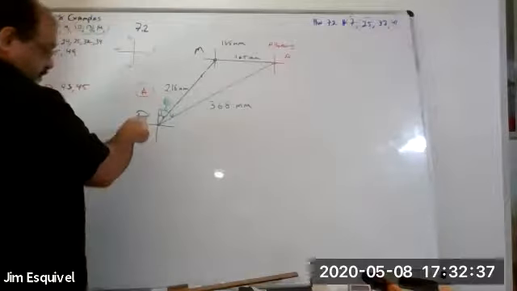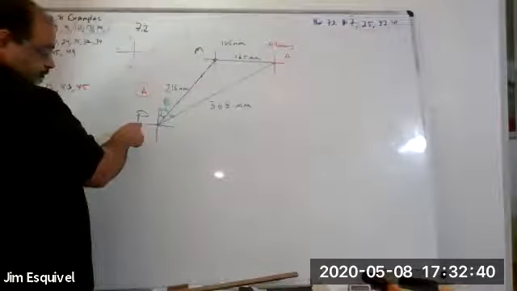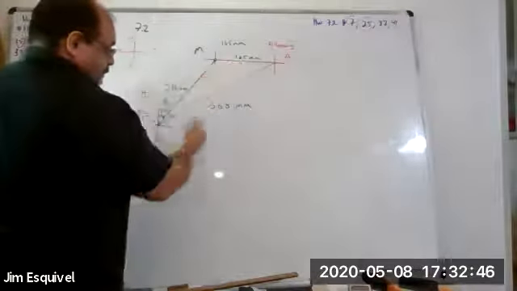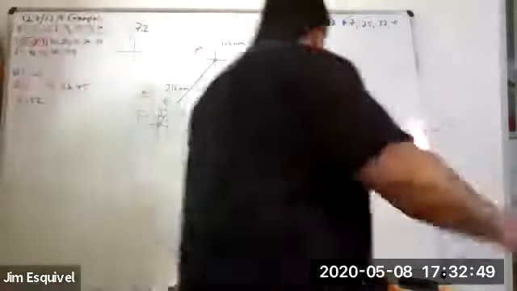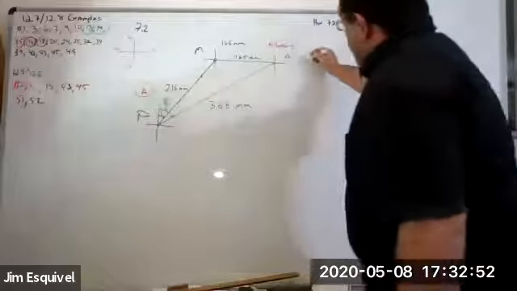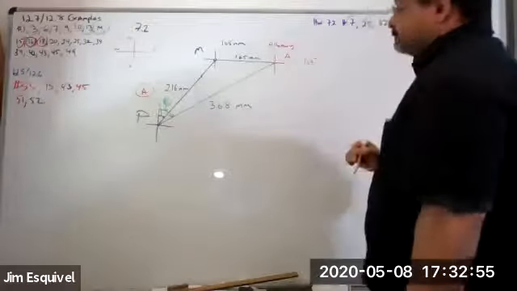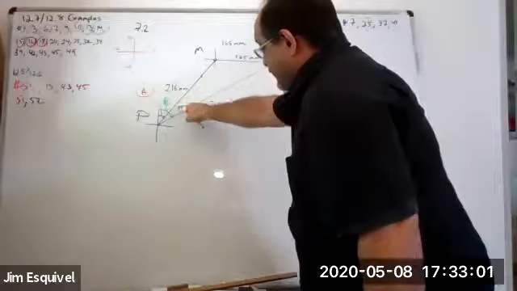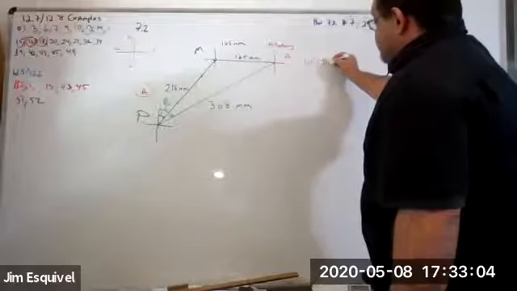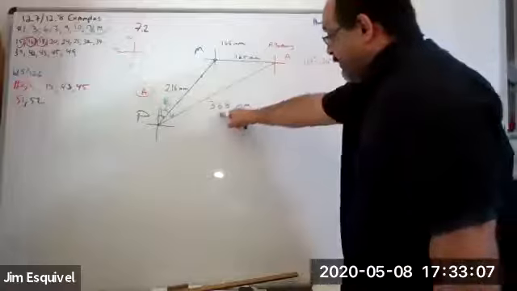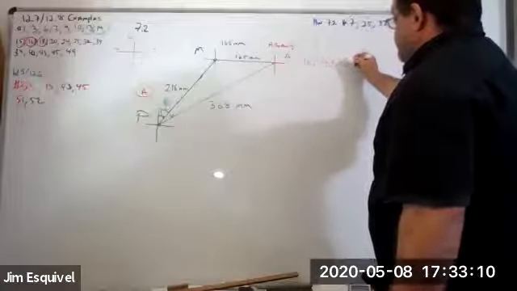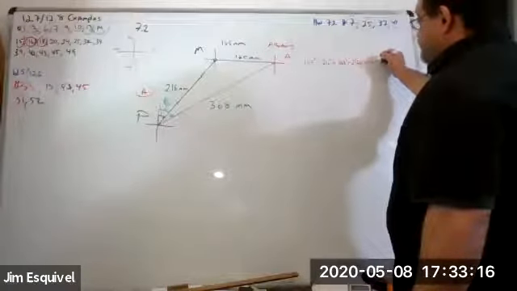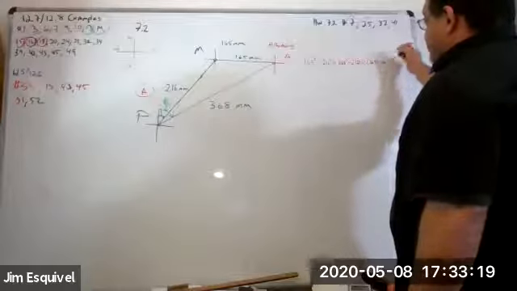So, angle P. These numbers are going to get big. 165 squared is equal to, side angle side, 216 squared plus 368 squared minus 2 times 216 times 368 times the cosine of angle P.